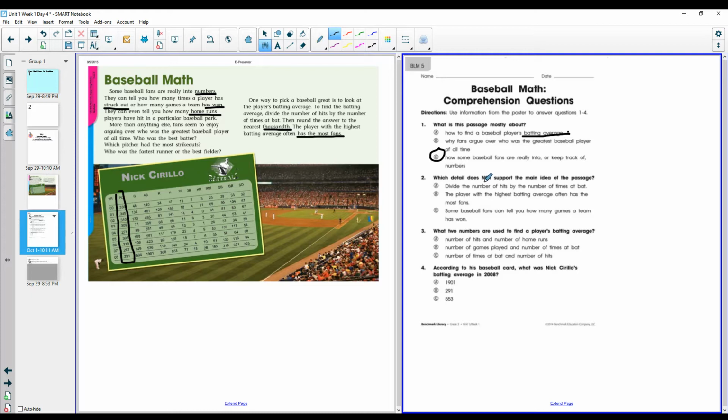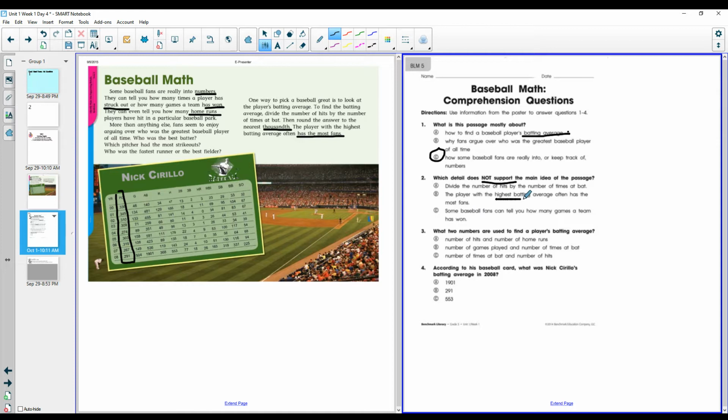Sometimes these questions can be tricky. Which detail does not support the main idea? So we're thinking, out of these, which one doesn't really support that people are really into keeping track of numbers? Divide the number of hits by the number of times at bat. The player with the highest batting average often has the most fans.